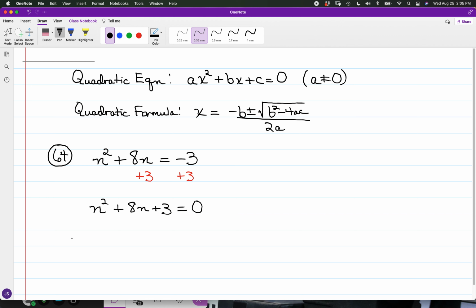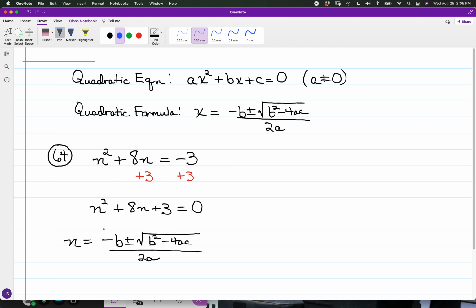So as a recourse, we look at setting up the quadratic formula: negative b plus or minus the square root of b squared minus 4ac, all over 2a.